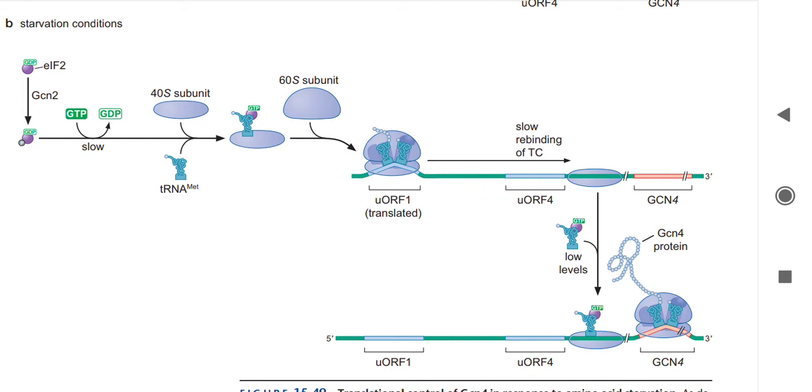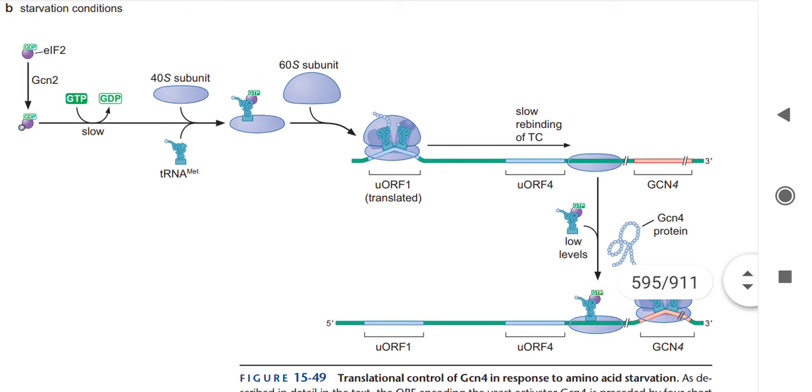Now when the level of amino acid is high, this was in the case when the level of amino acid was low. The figure that you can see here shows starvation conditions. At the extreme above you can see it is written starvation conditions, which means the level of amino acid is quite low.